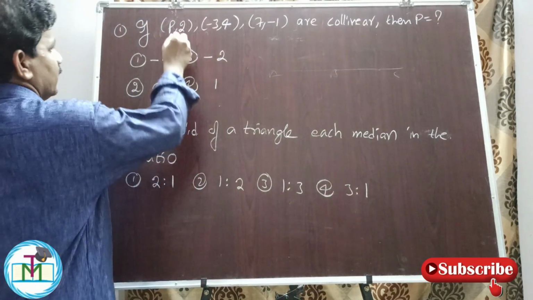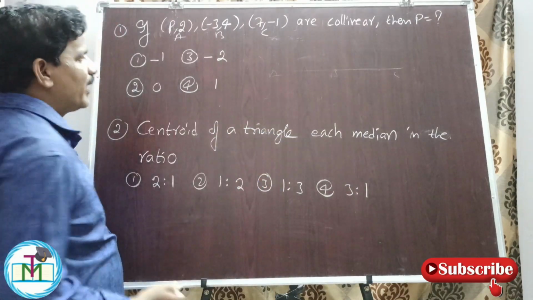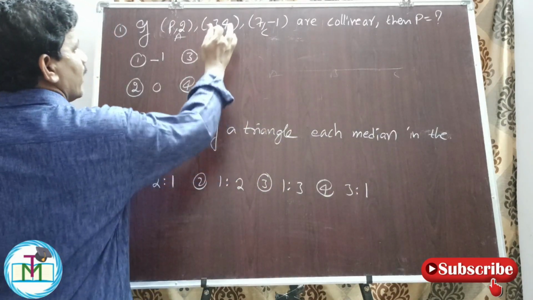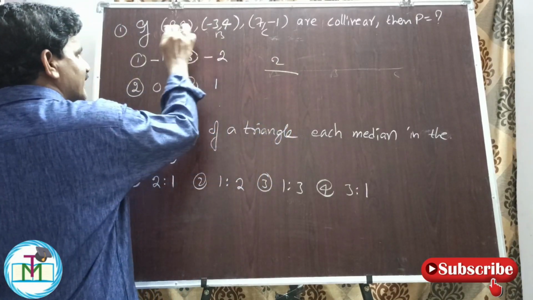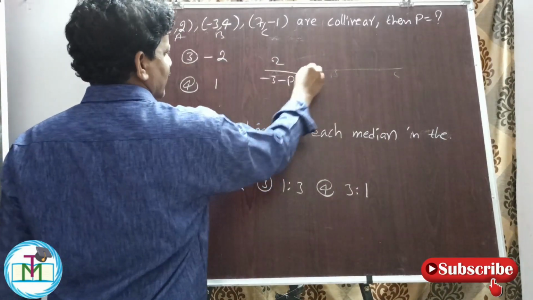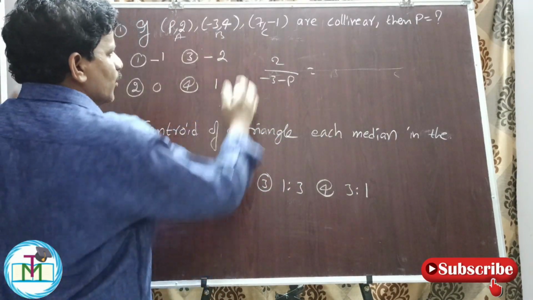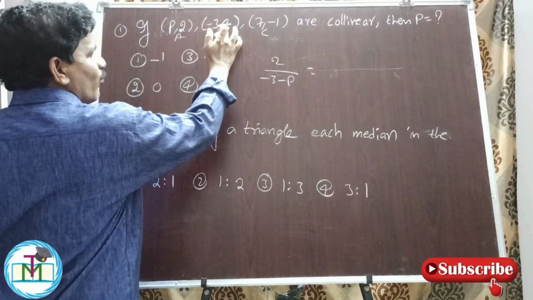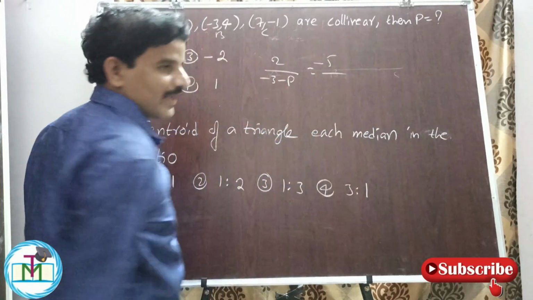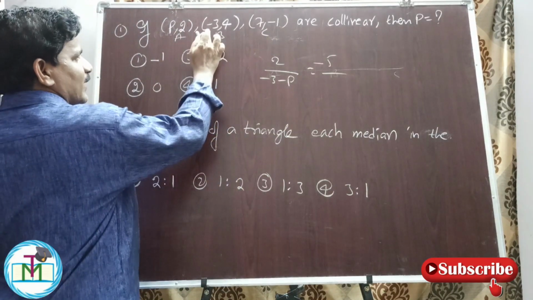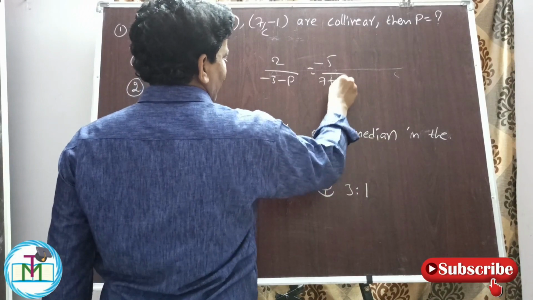I would like to take this as A, this as B, this as C. Slope of AB is y2 minus y1 by x2 minus x1, here 4 minus 2 divided by minus 3 minus p. Slope of AB is equal to slope of BC. So again y3 minus y2, minus 1 minus 4, minus 5, divided by x3 minus x2, 7 minus of minus 3, 7 plus 3.